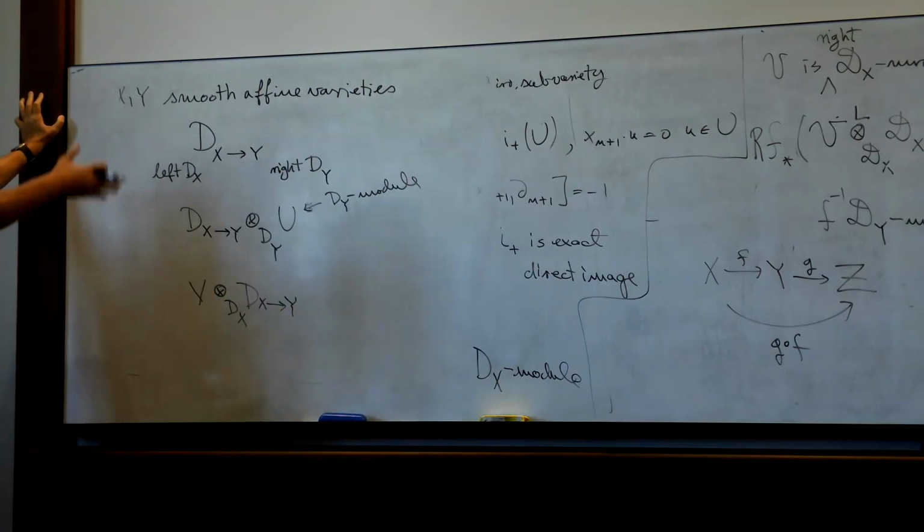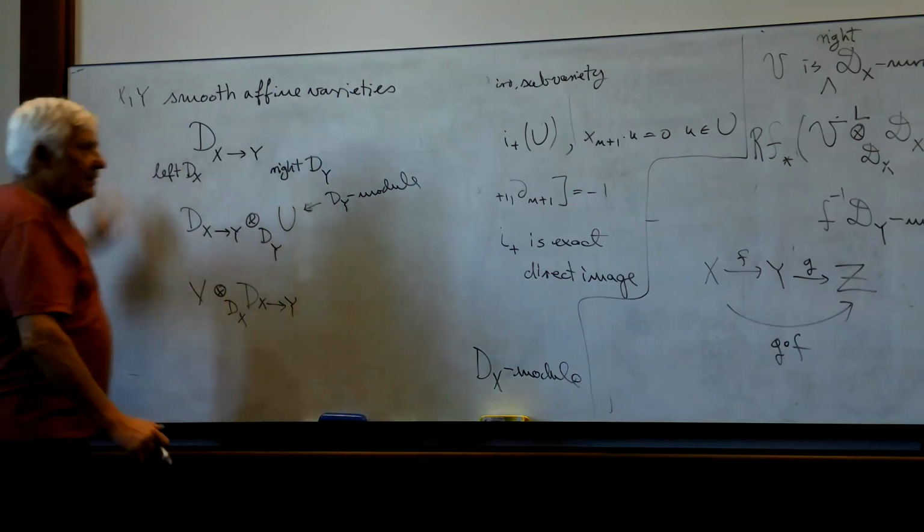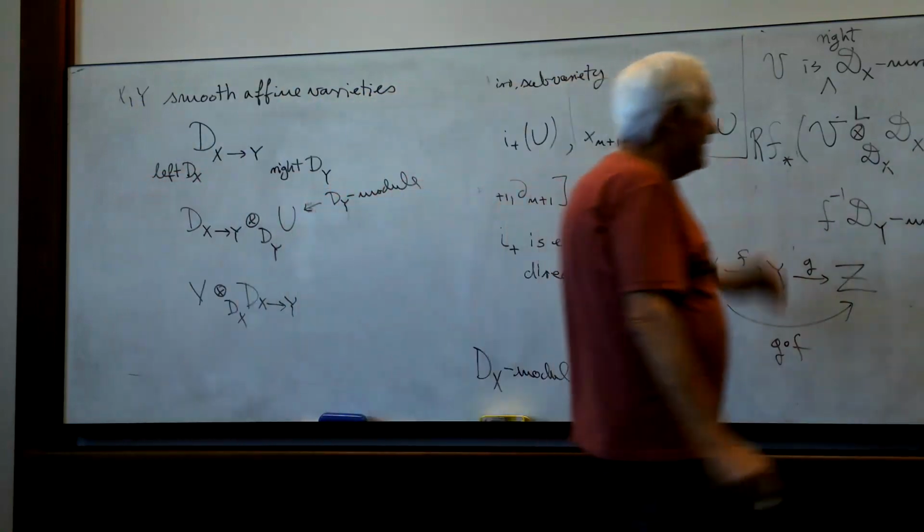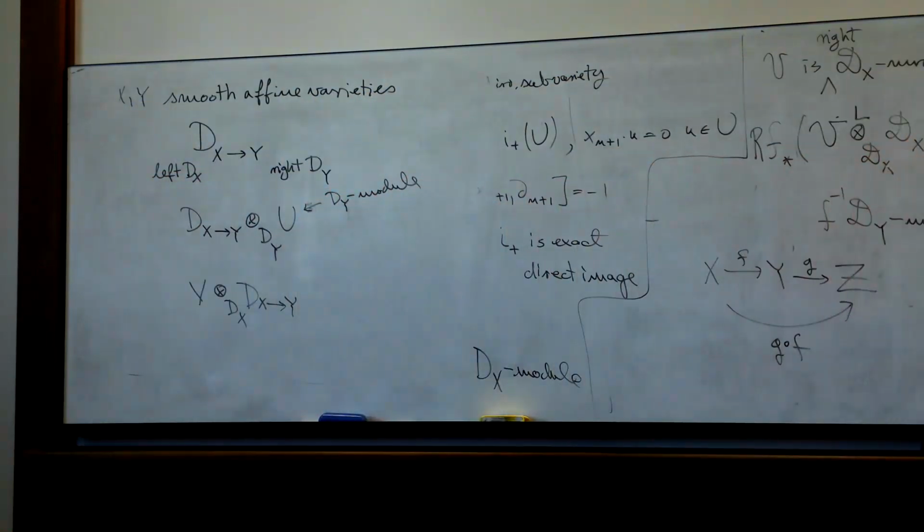So I have to show that actually this formula works, and that in general, if I take a complex with quasi-coherent cohomology and apply direct image, I will get a complex with quasi-coherent cohomology.